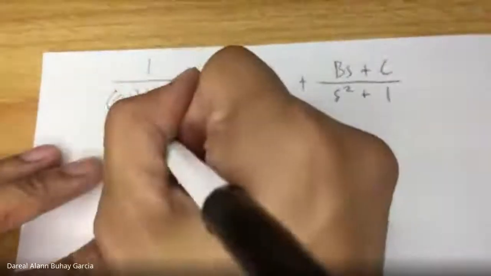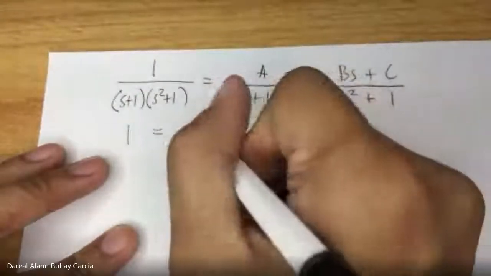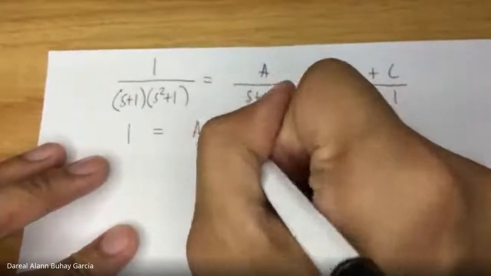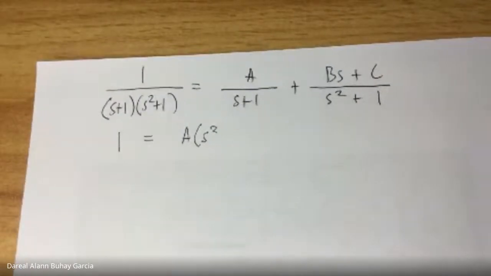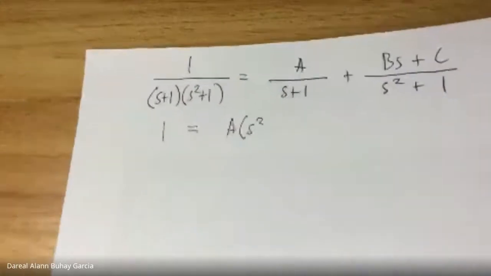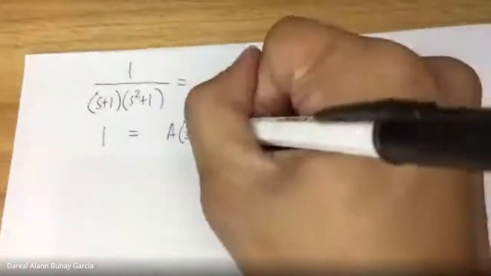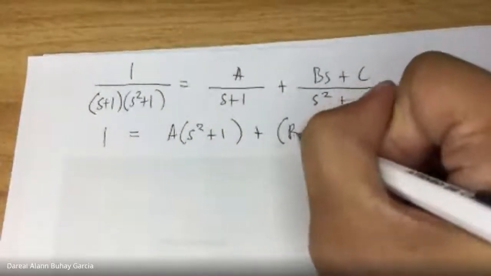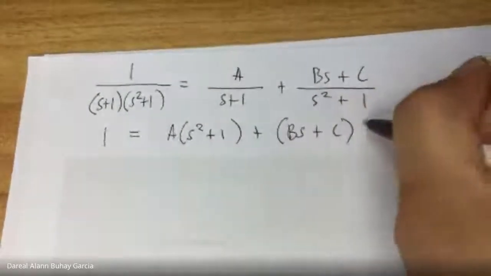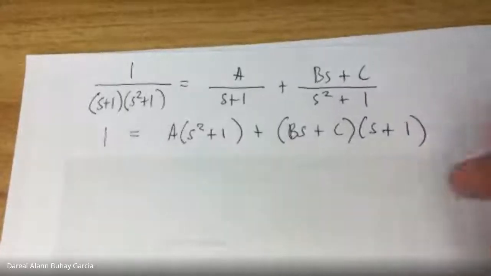Okay, 1 is equal to the earlier a, s squared plus 1, plus bs plus c, s plus 1.